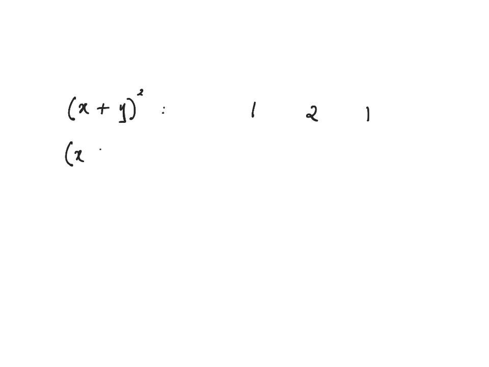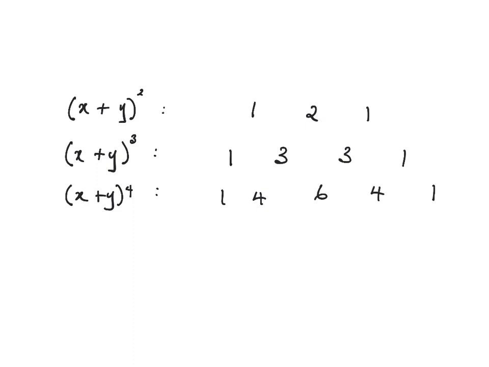We had the bracket (x + y)^3, that gave us the coefficients 1, 3, 3, 1. (x + y)^4, we have the coefficients 1, 4, 6, 4, 1. I'm going to add a bracket up here. We don't often see that. (x + y)^1. Well, if we expand (x + y)^1, we just get 1x plus 1y.